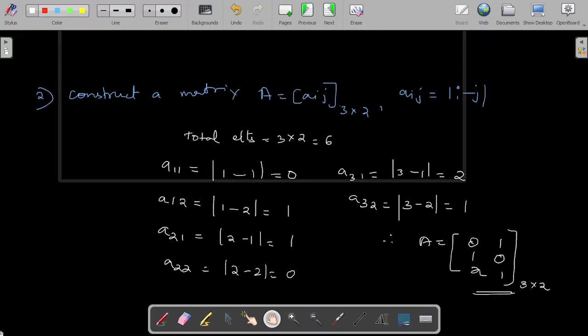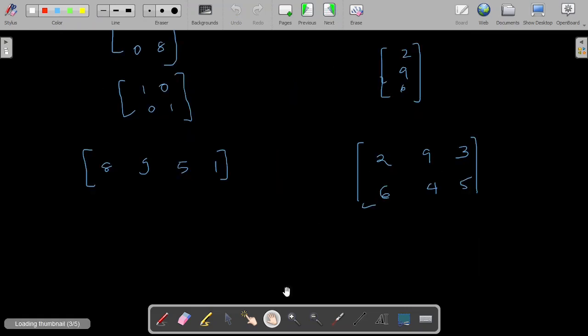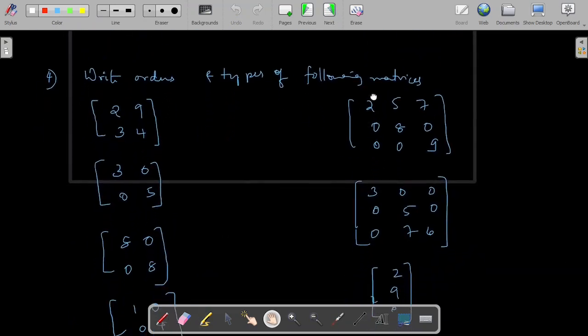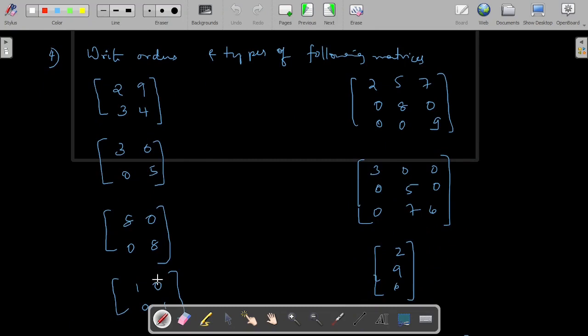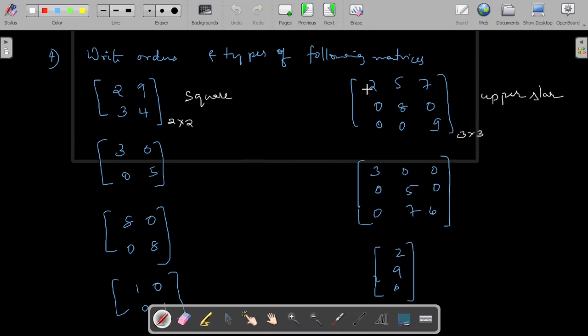The next one, here in this case, write the orders and types of matrix. So it is 2 by 2 order, a square matrix because the number of rows is equal to the number of columns. So it is of order 3 by 3, a square matrix, but in this case this is an upper triangular matrix because elements below the diagonal are all 0.